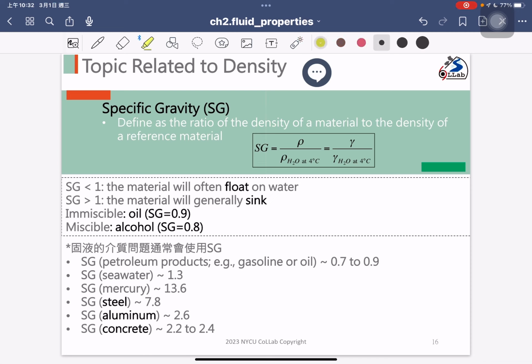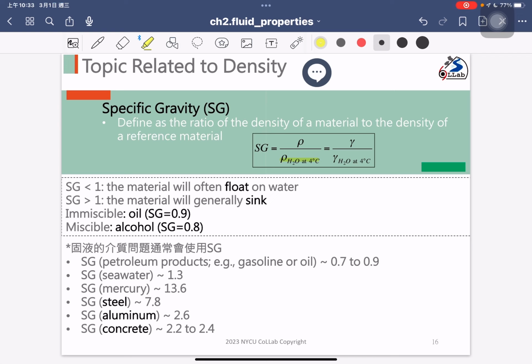You see here, I have highlighted that the reference material is water, at 4 degrees. Okay, we know water changes its density at different temperatures, so our reference density, when we compute the specific gravity, Sg, is based on the condition at 4 degrees.